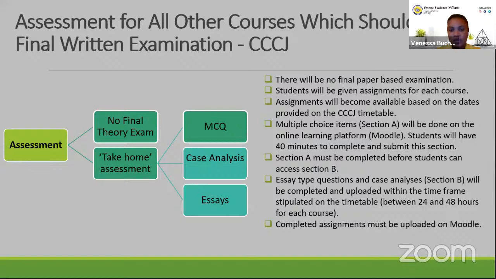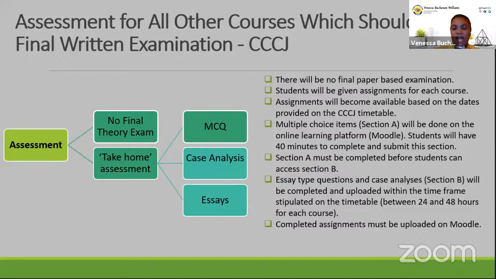For this academic year, for this session that we're going into, you will have a combination, and it depends on the course you'll be doing. So for courses that have a multiple choice, section A, you will be given multiple choice to complete in 40 minutes.